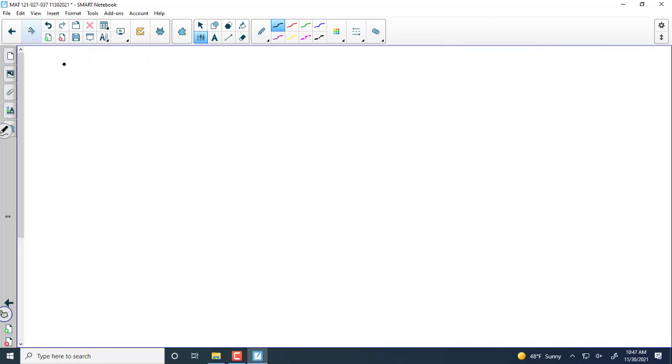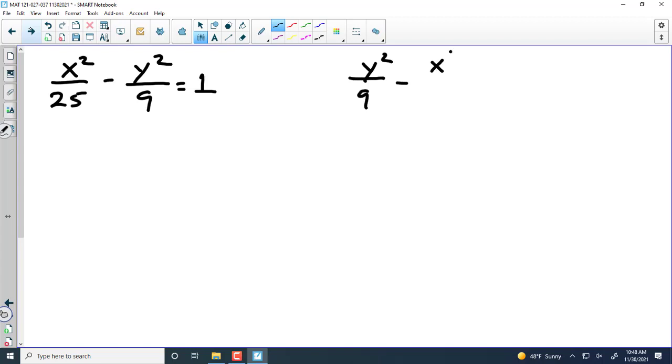Let's try this. We're going to jot down a few things about these two hyperbolas, and these are both hyperbolas because they both have the minus sign.